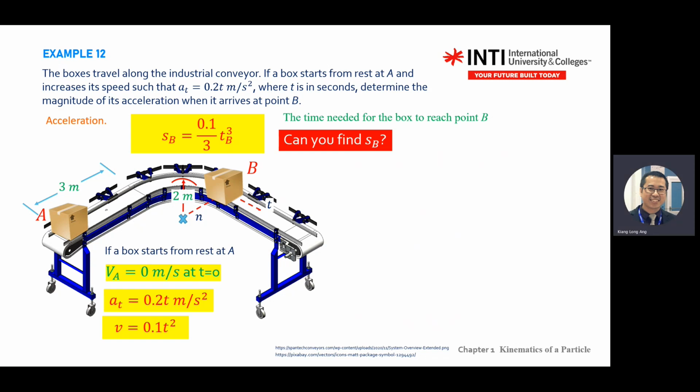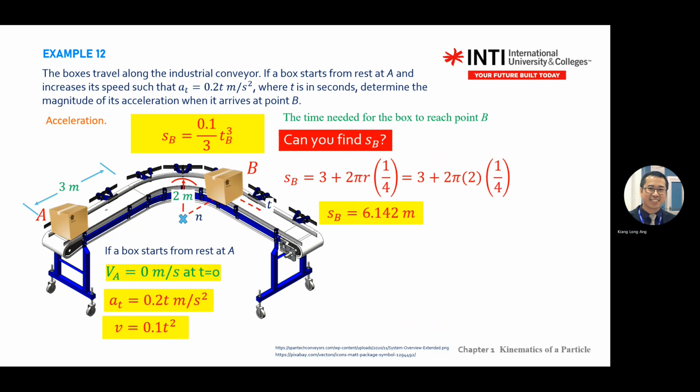So this is a quarter, so you divide by 4. Right? So you get your s equal to 6 point something. You have this answer, substitute in, you can find the time. Okay? 5 point something.